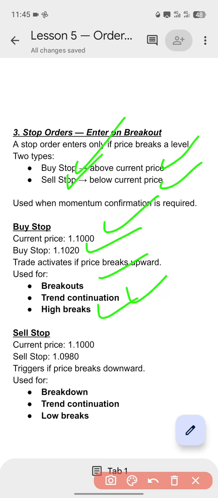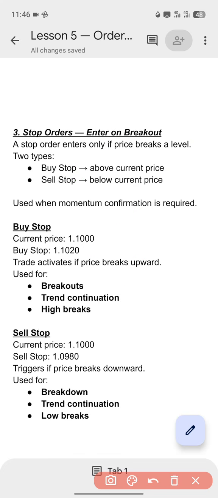Now, sell stop, for an example, is used when the current price is at this level, then we place our sell stop at this level. If price moves down, it triggers the breakdown. We use it for breakdown, trend continuation, or low breaks. This is what it means.